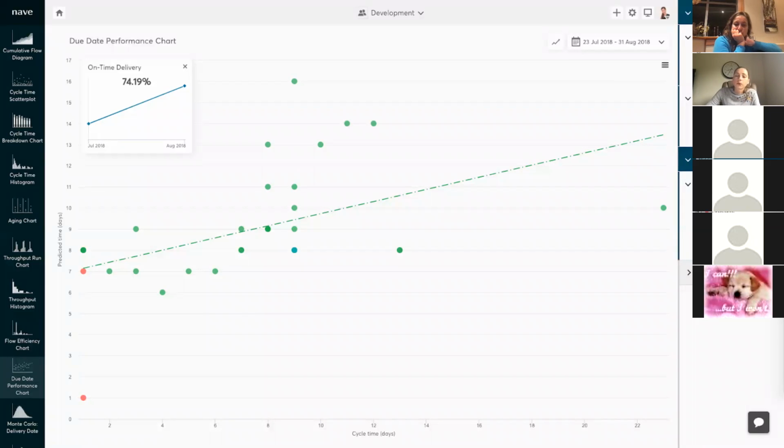The most important part of analyzing your due date performance is assessing whether your work has been delivered on time. The on-time delivery widget will display the percentage of times that you managed to deliver before your due date approached and how such trends have developed. For example, if you released 10 features today and 4 of them were overdue, your due date performance for that day would be 60%.